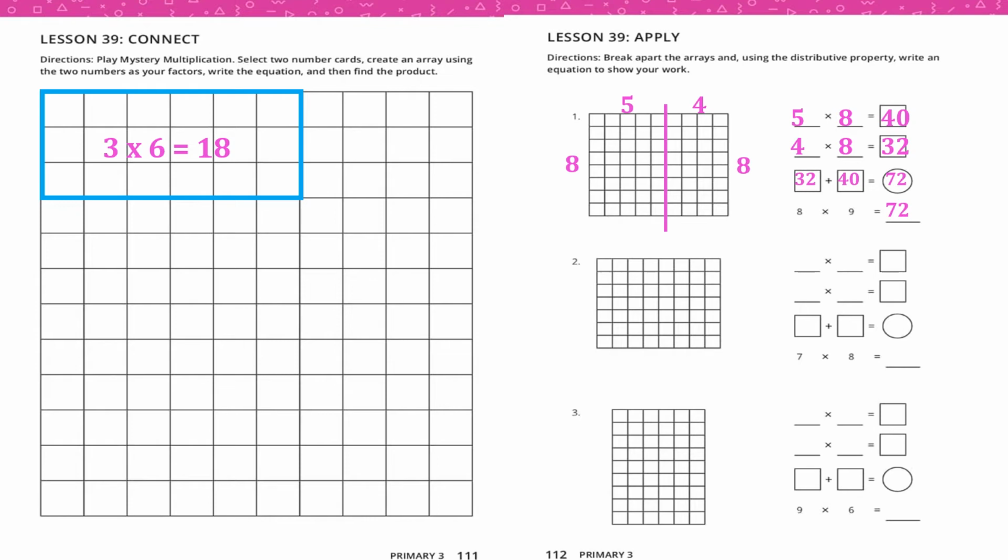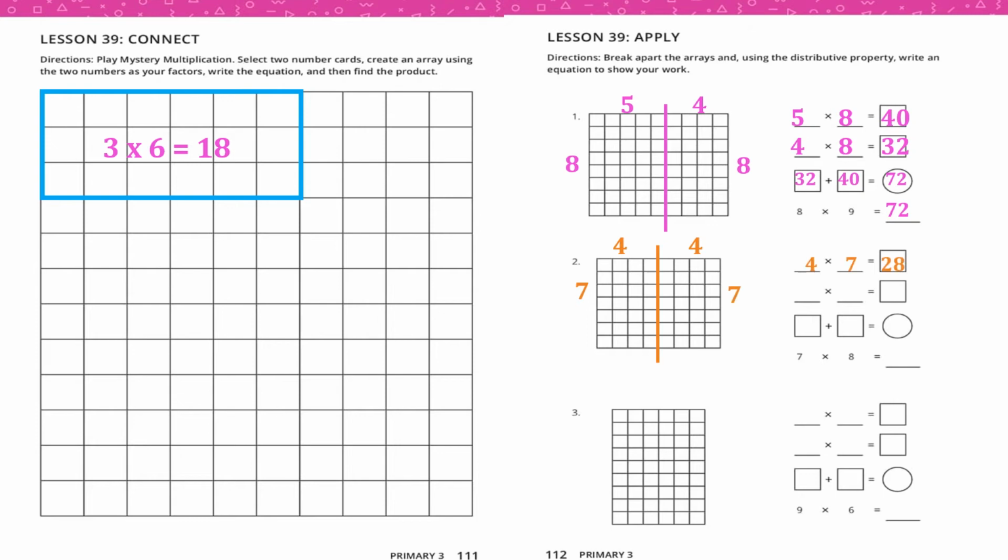Number 2, I will break it like this. Here I split it into 2 equal arrays. The first array is 4 columns and the second 4 columns, and the total rows are 7 and here 7 also.